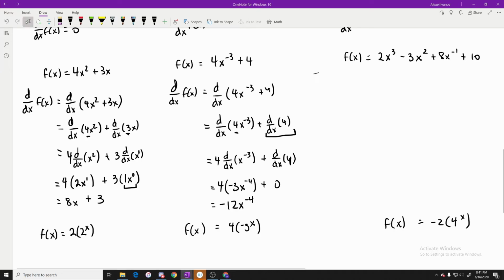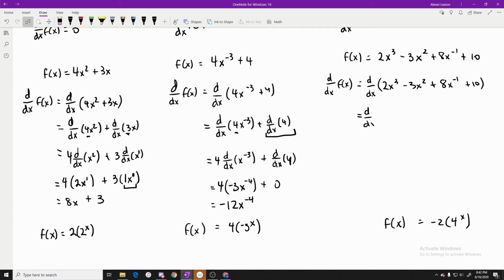Now on to this derivative right here. So we're going to take the derivative of this function. And like we did with all the other questions, first we start off by applying the operator. And again, we can see that this is a combination of functions. So what we're going to do is break this up.